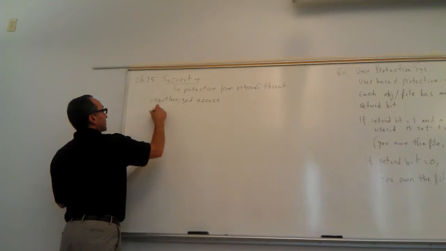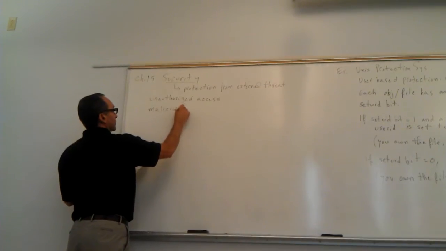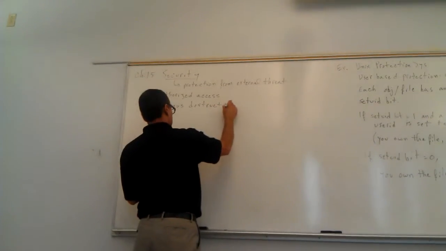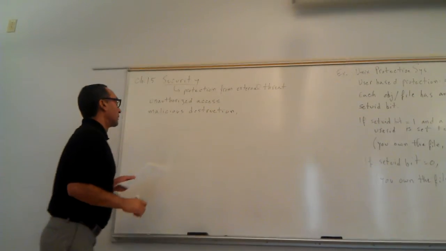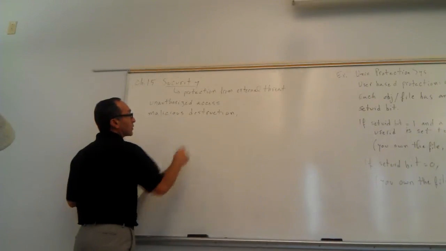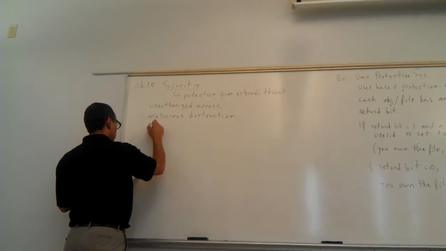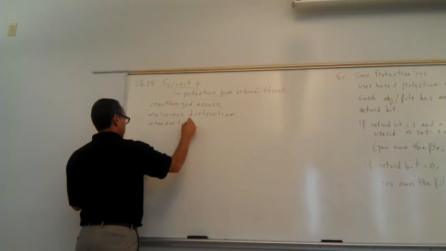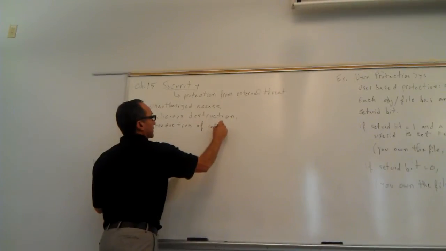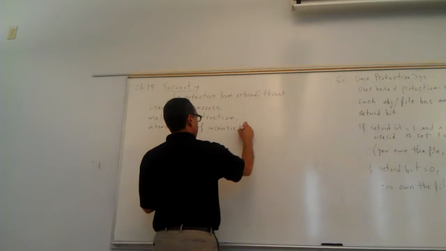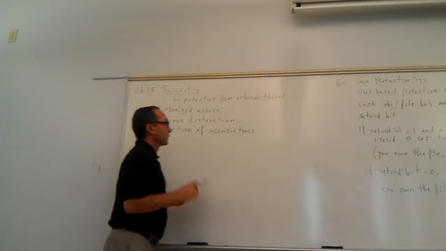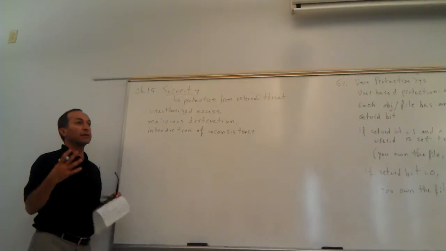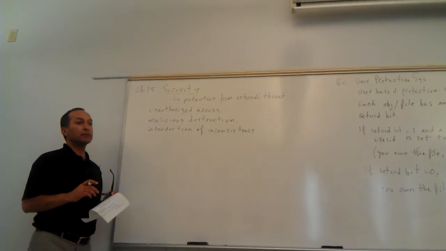Of course, it would be even worse if it is malicious destruction. And then worse than that, in my mind, would be introduction of inconsistencies. So your system starts doing unpredictable stuff.